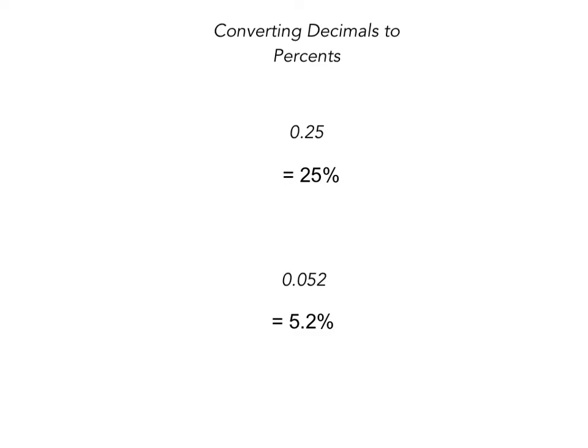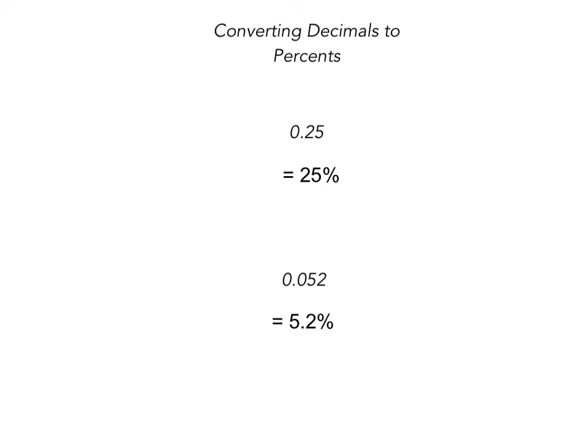Now let's convert decimals to percents. Our first example will be converting 0.25 into a percent. Let's remember our mnemonic device, Dr. Pepper rocks, which tells us that when converting decimals to percents, we move to the right.